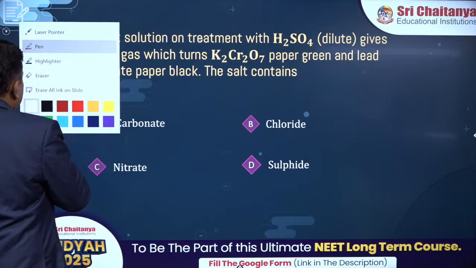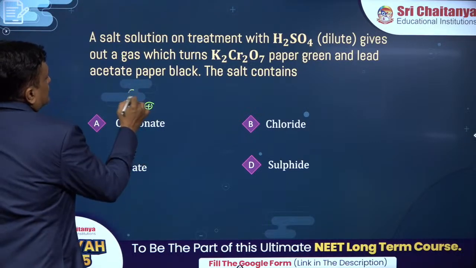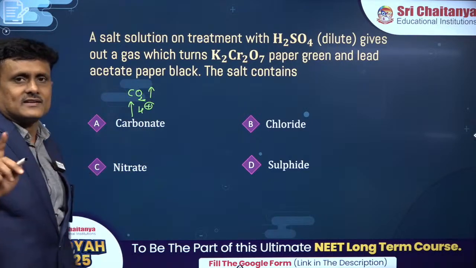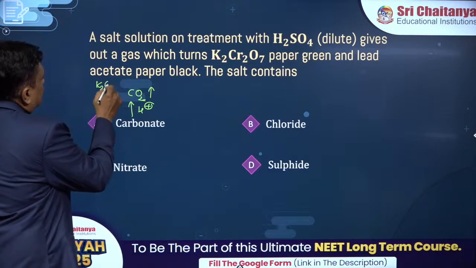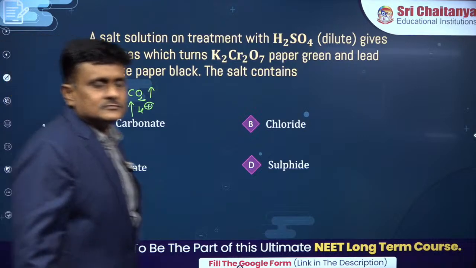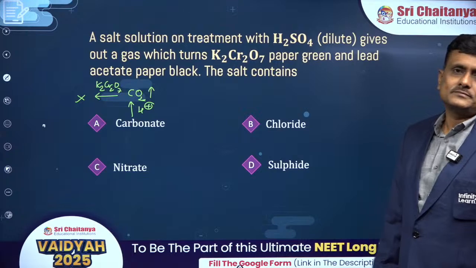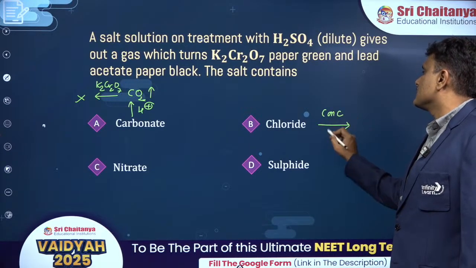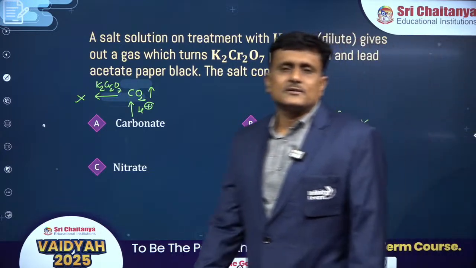When this reacts with dilute H2SO4, it gives rise to CO2 gas. CO2 does not decolorize K2Cr2O7, isn't it? You cannot anticipate this reaction to take place. Ruled out. What about chloride ion? Chloride ion reacts only with concentrated H2SO4, but not with dilute. This is not detected by the dilute H2SO4.